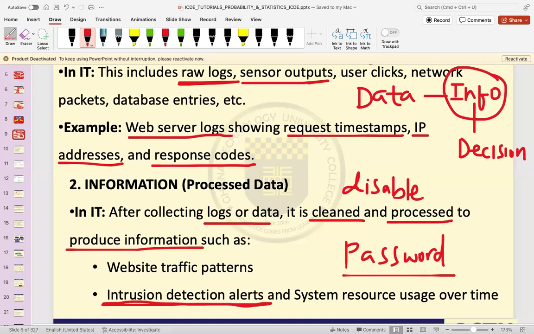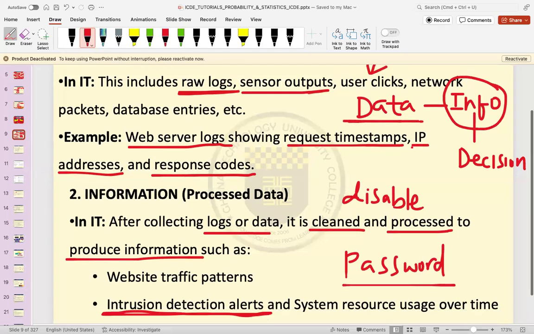It will just get locked up. Why? Because intrusion detection has been activated. Your password is supposed to be data for the system, and because you didn't put in the correct data, the system is not going to give you access.